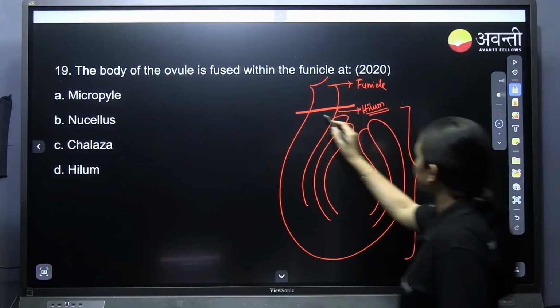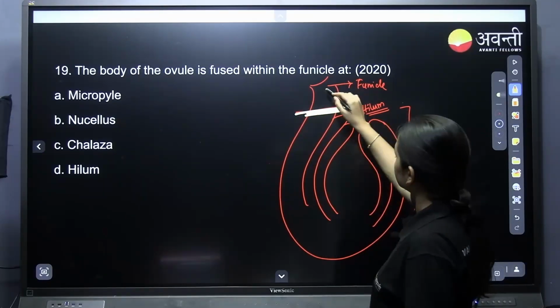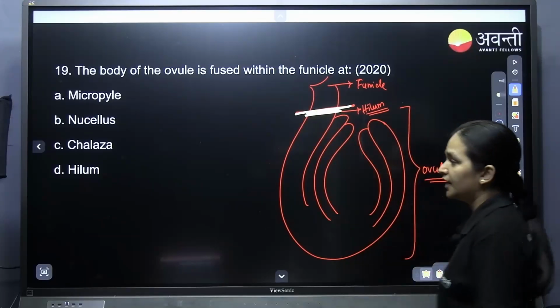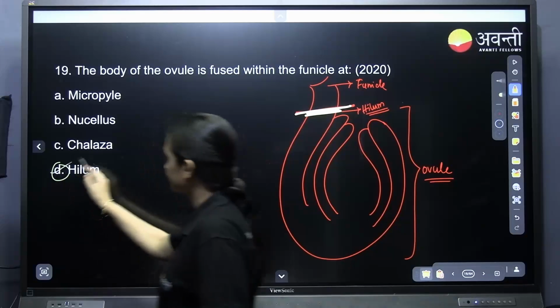This is the body of the ovule and this is the funicle. This junction we call the hilum. So, option D, hilum, is the correct answer.